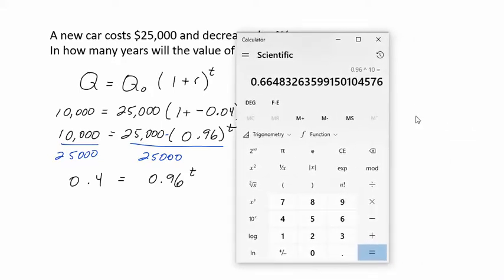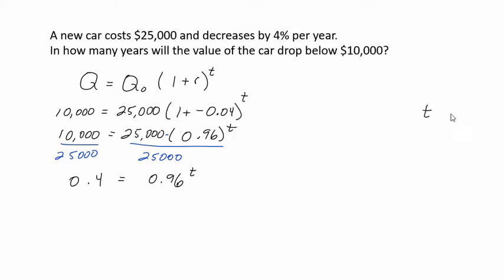That's kind of a good idea. So I picked a certain number of T, and then I'm getting my output here. I picked T to be 10 years. This isn't exactly the value of Q, so I'll just put output here. And we came out to 0.66. So that'll help us keep track of what we've done.